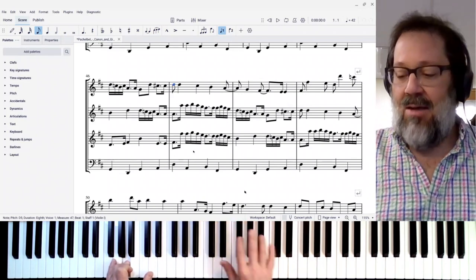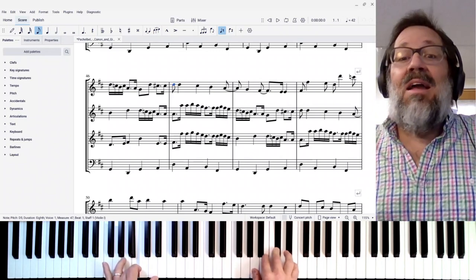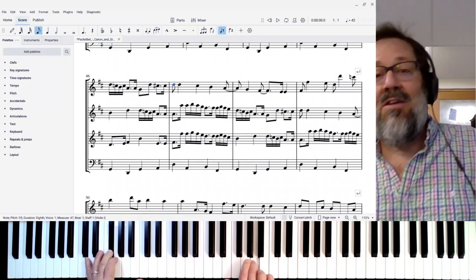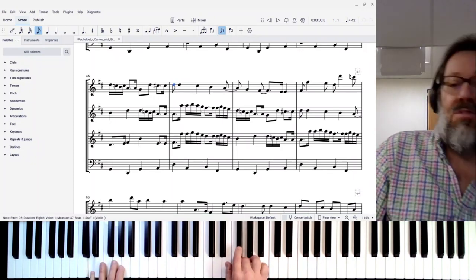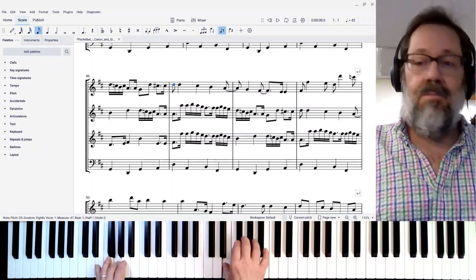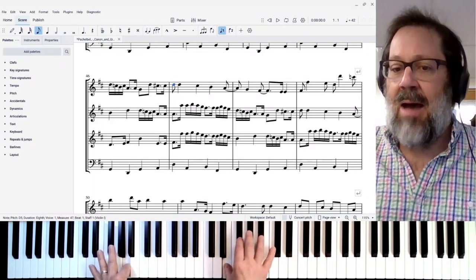The D to the A was a fourth, resolving down to a third. And now we have a ninth resolving down to an octave, and a fourth resolving to a third, ninth resolving to an octave, fourth resolving to a third, seventh resolving to a sixth, and then that really happens on that fifth there.